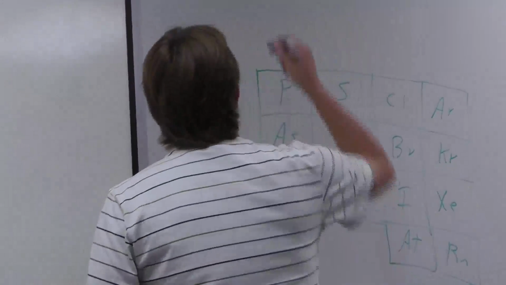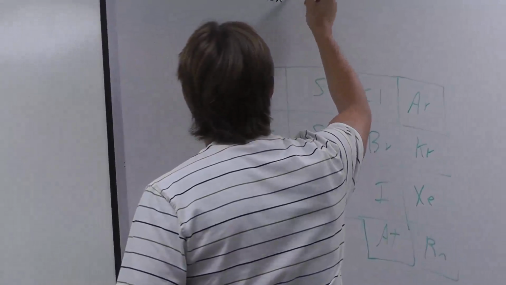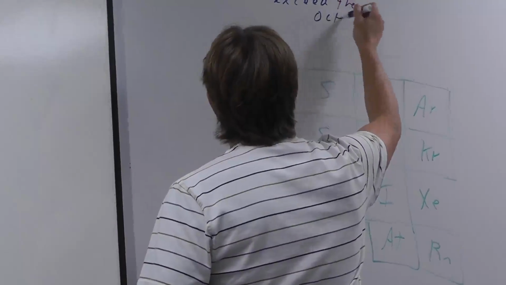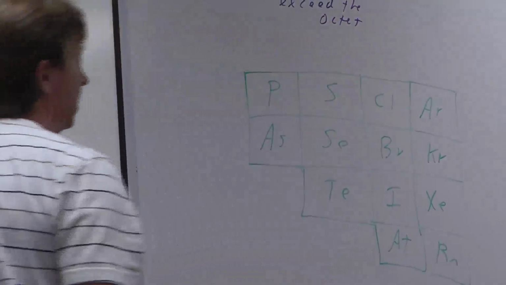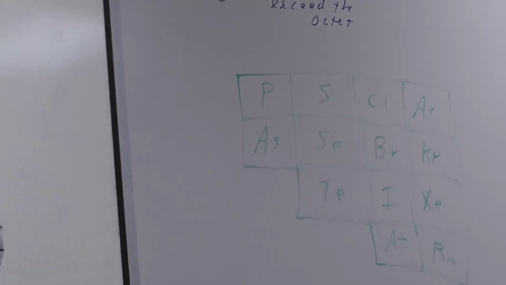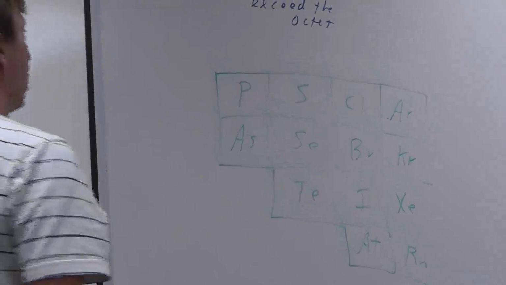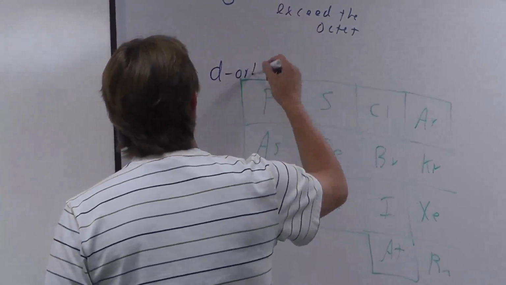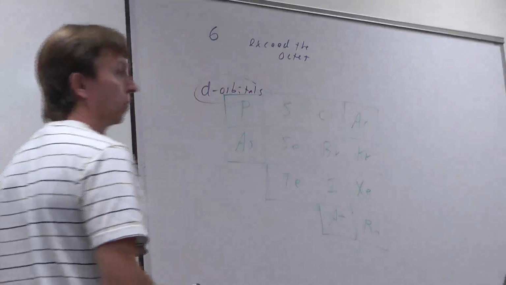Rule number 6: there are some elements that can be forced to exceed the octet. They want to have 8, but they can be forced to go beyond 8. This is them. The reason is that these are all nonmetals that have d orbitals.